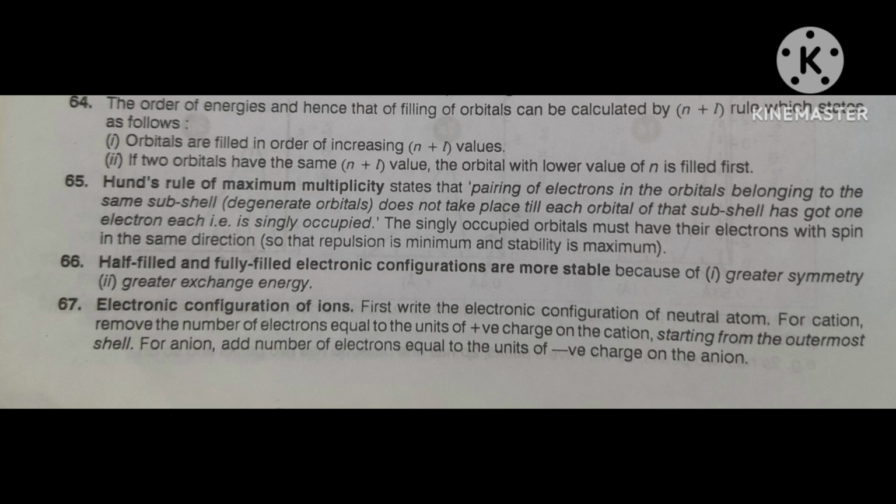Suppose n is equal to 1, l is equal to 0, then 1 plus 0 is 1, so 1s will enter. After that, if n is equal to 2, l is equal to 1, then 3. That way you arrange it, and in increasing order you can fill it.